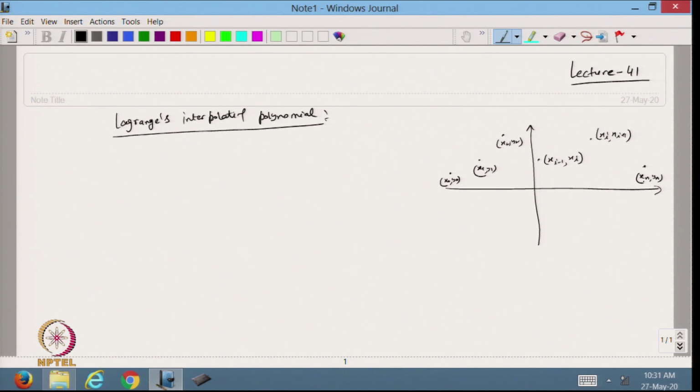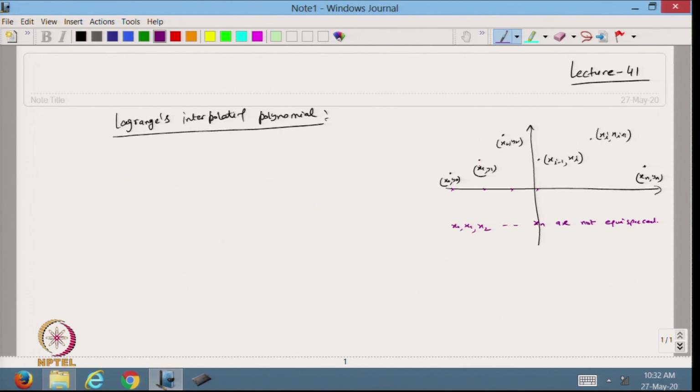So these are n plus 1 data points given to me, and these nodal points x0, x1, x2, up to xn are not equispaced.